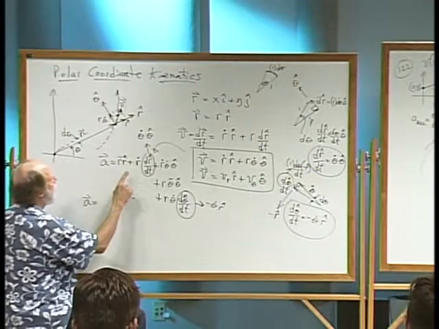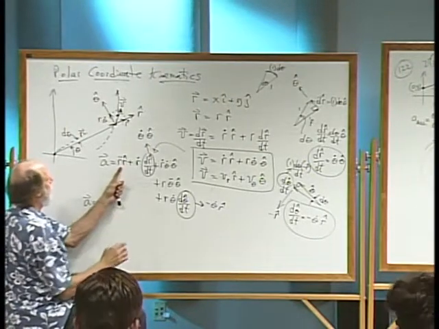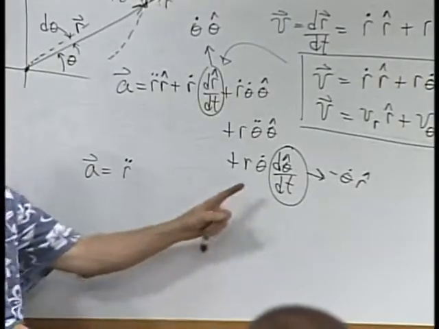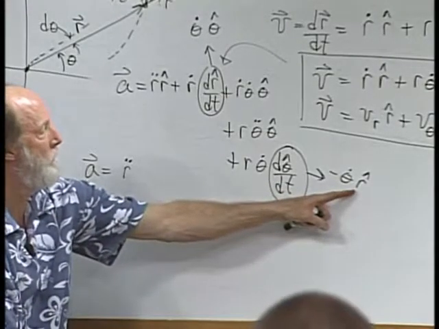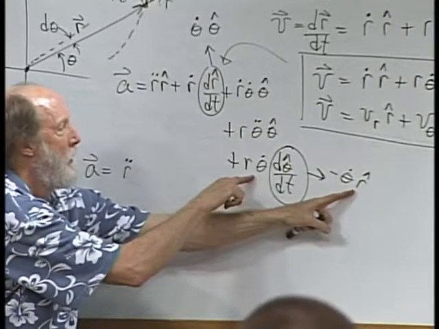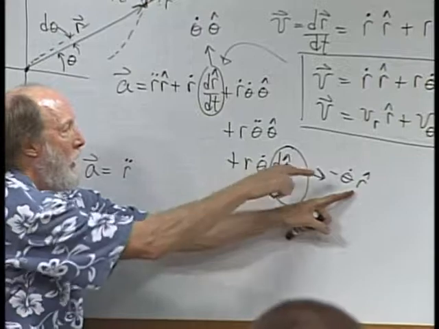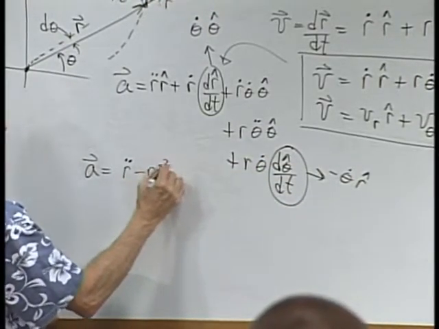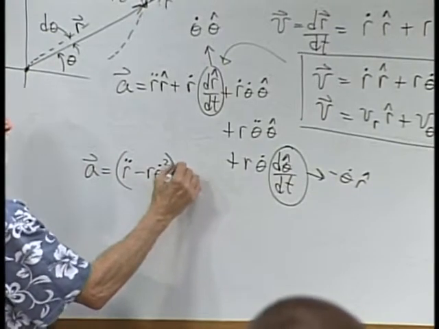Now if we look for the r hat terms, here's an r hat term, r double dot, and here's another r hat term, minus r theta dot squared. Those are our r hat terms.